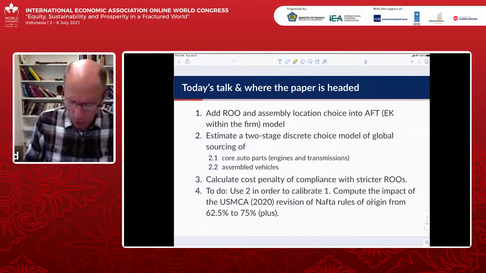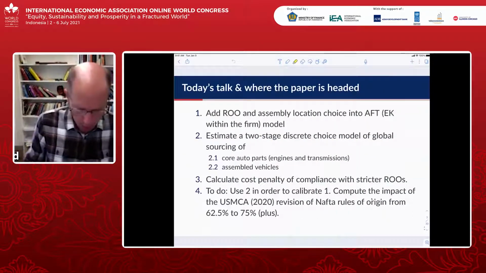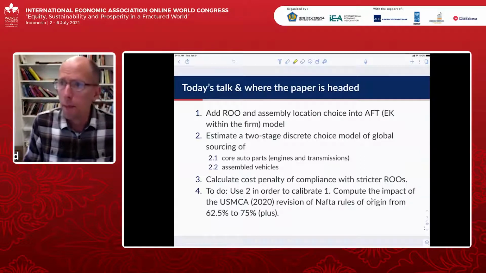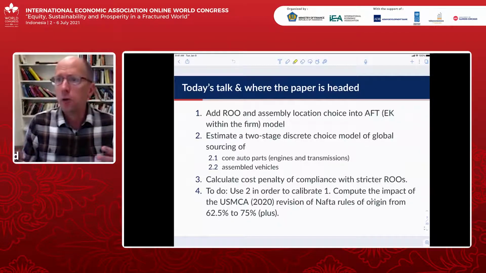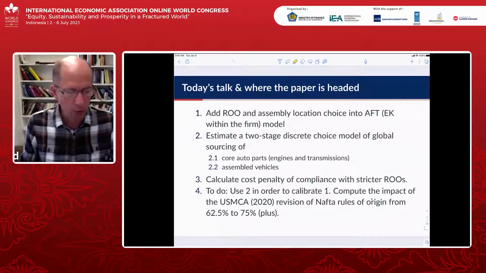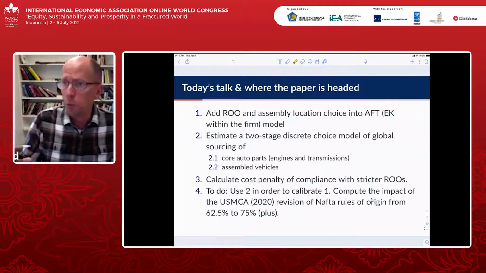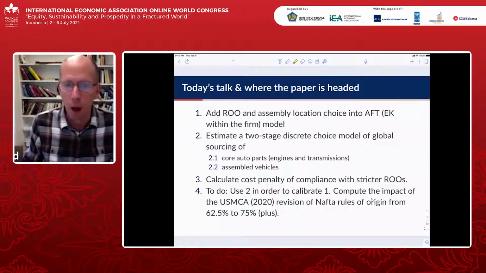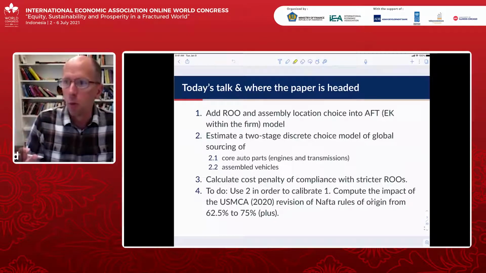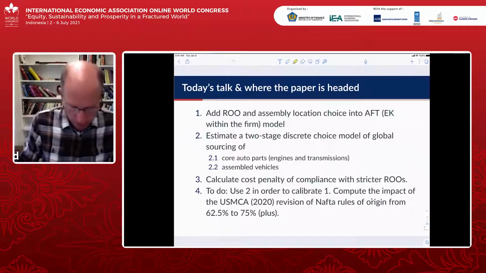So what I want to try and do today, quickly, in the time frame, is first talk about a model we have where we use the properties of a continuum model that comes out of Eaton Kortum and has been used by Antràs, Chor, Fally, and Hillberry, to draw some simple conclusions about this problem, to help us think about it, and then move into actual empirical work where we have really detailed data about this sourcing problem that will allow us to conduct counterfactuals of how rules actually distort decision making.